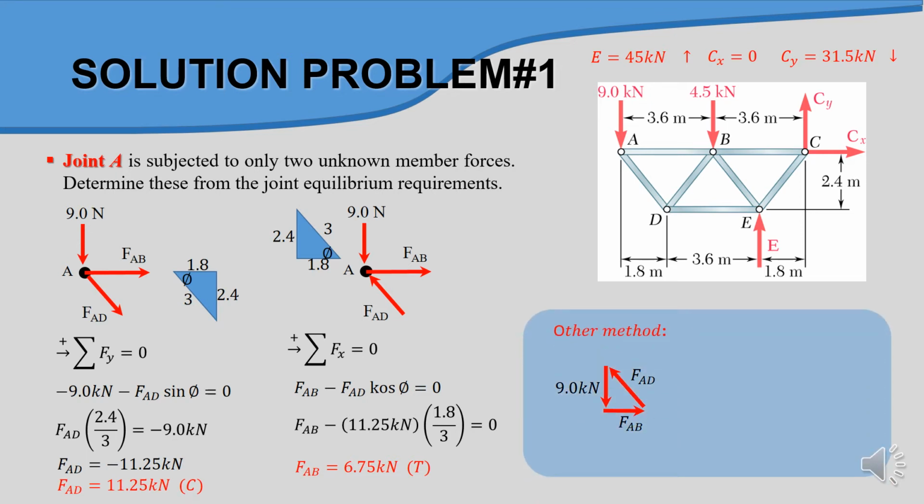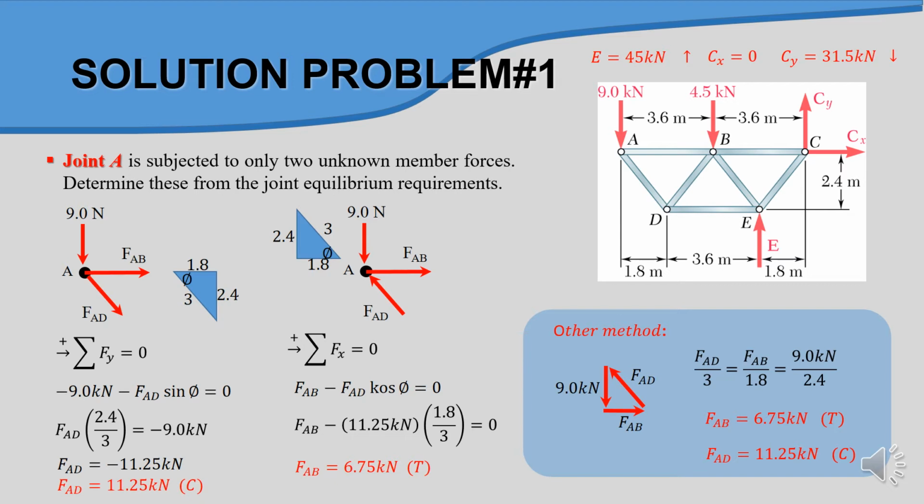Another method is by using a triangle, so we can set the triangle something like this. We have a 9.0 kilonewton force, and we have FAB and FAD. By using the triangle in a mathematical technique, FAD is divided by 3.